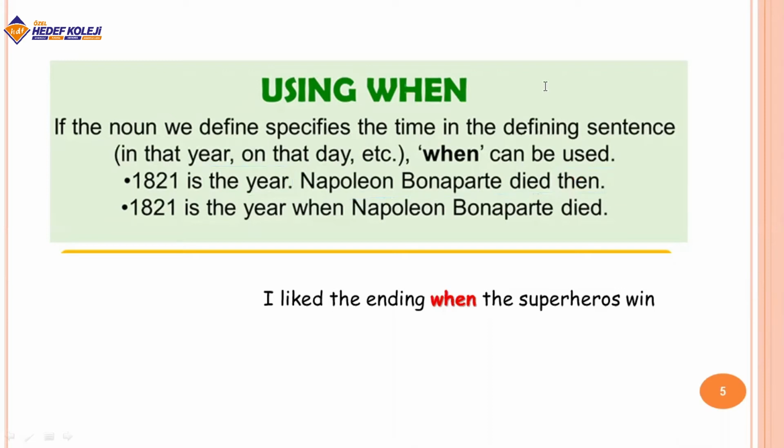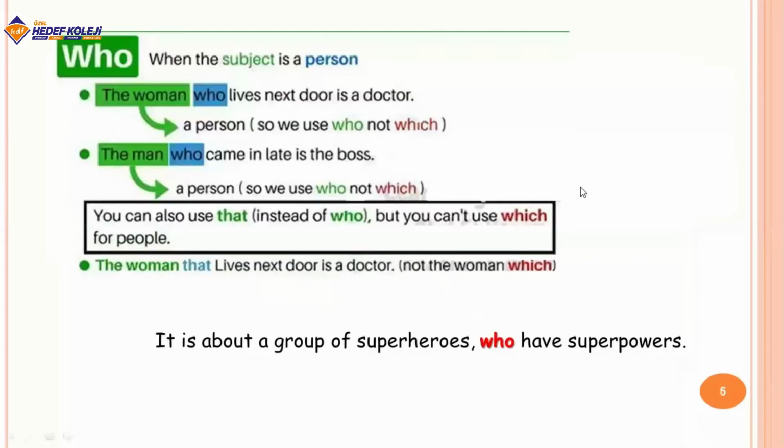And clear. Let's continue. Who, when the subject is a person. The important point: who describes a person. And also you can use that instead of who, but you cannot use which instead of who, because which describes things, but who describes people.